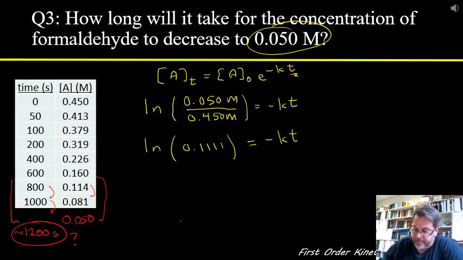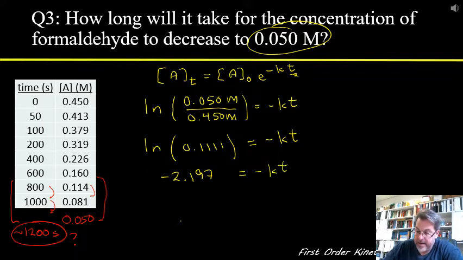Equals negative kt. Now, again, because this number, the 0.1111, is a decimal number, a number less than 1, we'd expect the log to be negative. Put that in your calculator, and sure enough, it's negative 2.197.